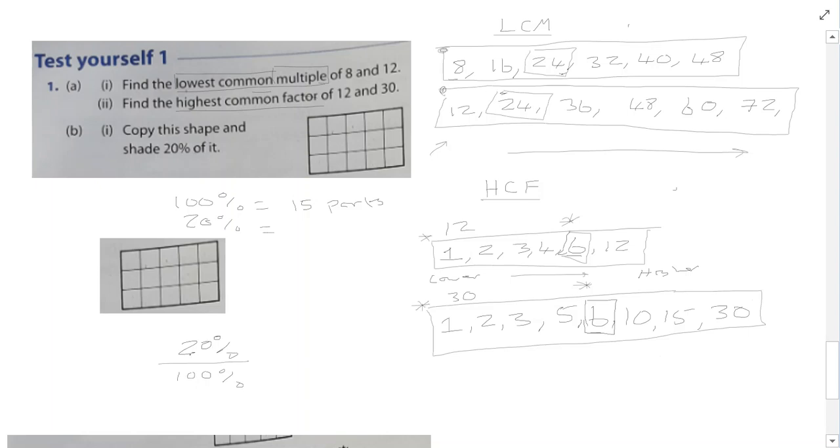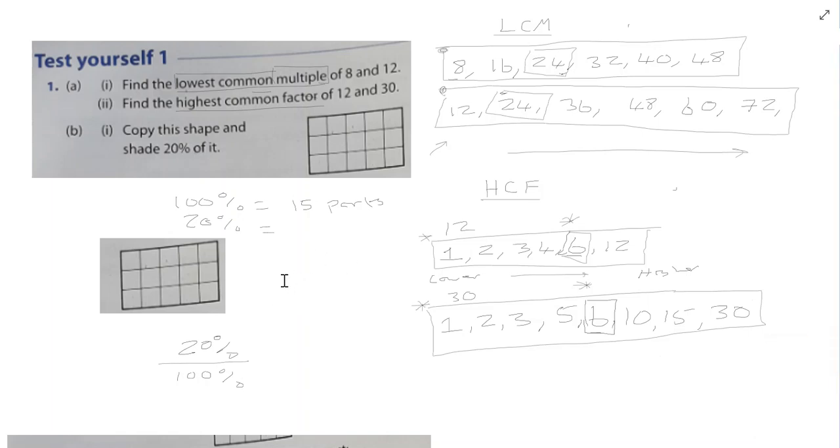Now we can simplify this. We think about what number will divide into the top and into the bottom. Remember, the top is known as the numerator and the bottom is known as the denominator. An easy way to remember that is to think of down for denominator.